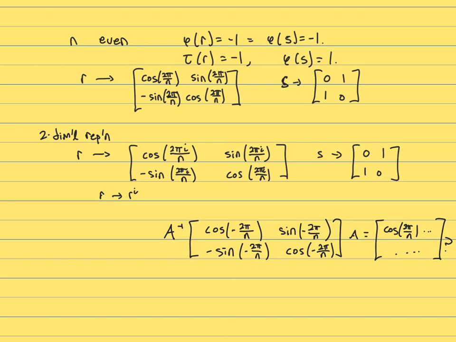But on the other hand, if I replace negative with, say, cosine of 4 pi over n, for instance, so I'm just making i equal to 2, and I ask the same question.